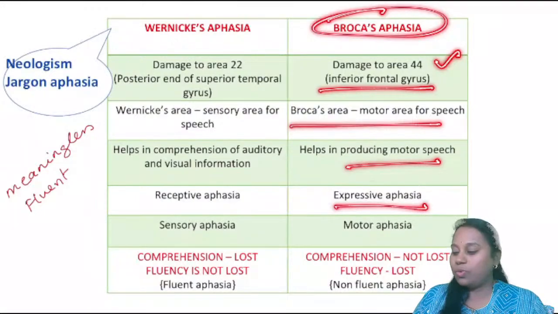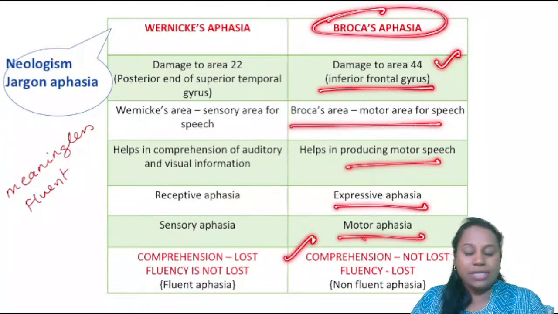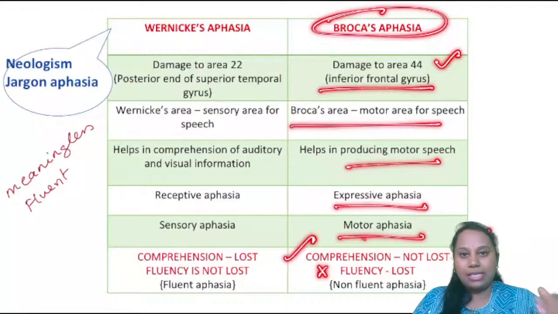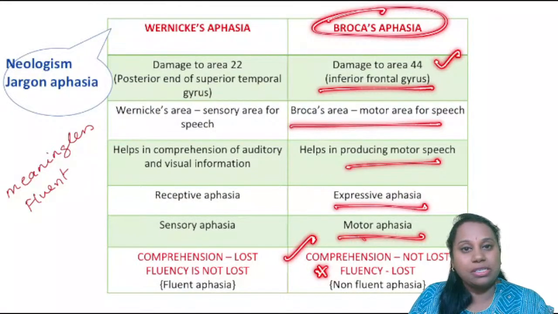So it is called expressive aphasia or motor aphasia. Comprehension is not lost. Comprehension is fine because Wernicke's is not affected. Broca's is for fluency. Fluency is lost. His comprehension is not lost because Wernicke's is fine. Whatever you say, he'll understand, but his fluency is lost.